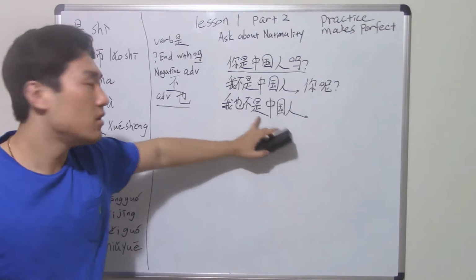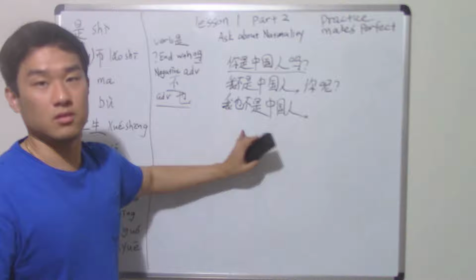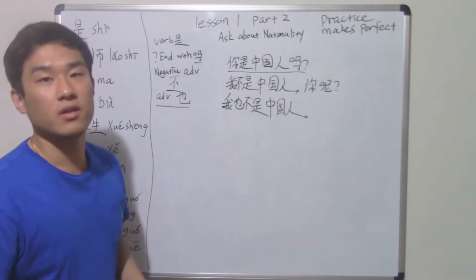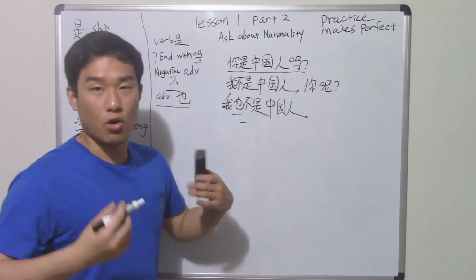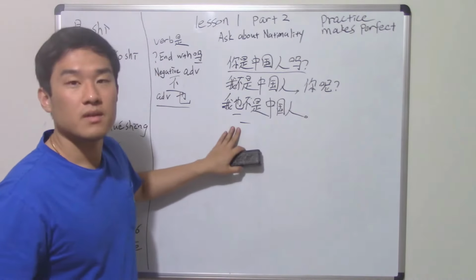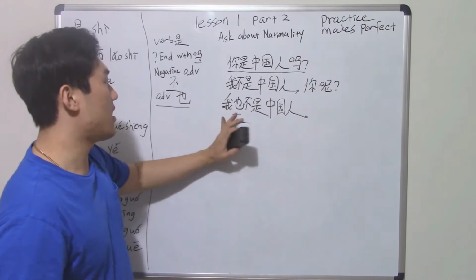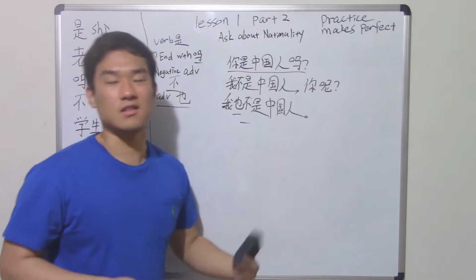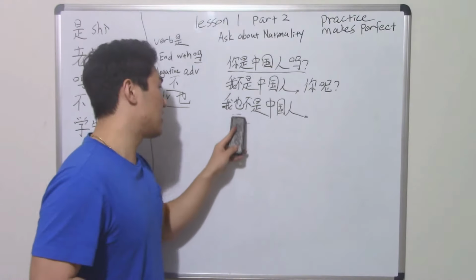Between the subject and the verb, you can put also. You can also put a negative. We can put both, but make sure the also comes first and then the negative. I'm also not a Chinese person. I guess that's how it makes sense in the Chinese context, but that's the right way to write it.